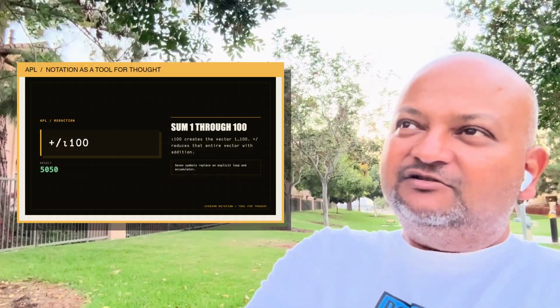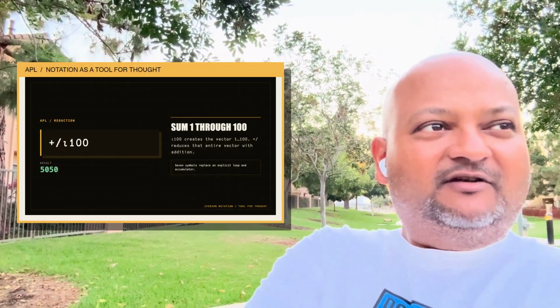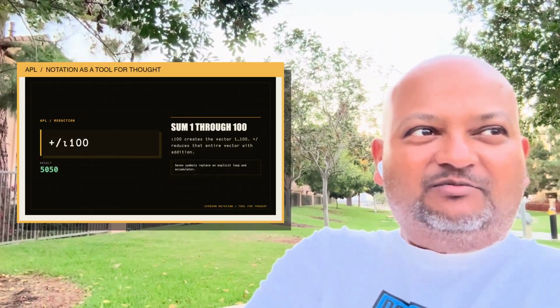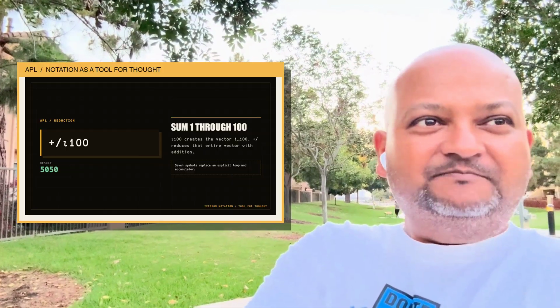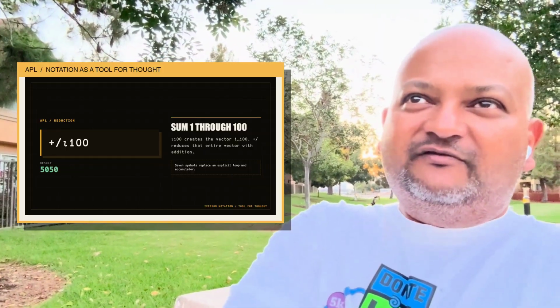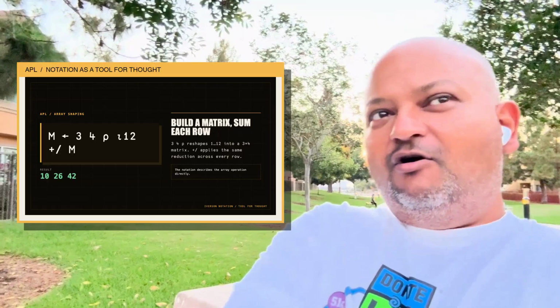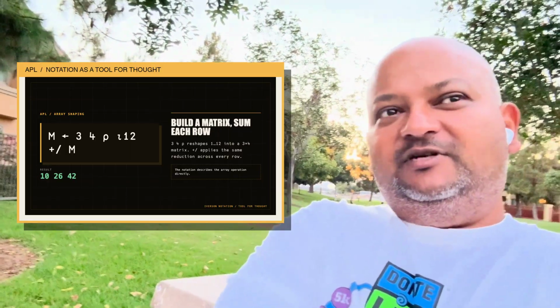Another thing I was very inspired by is Ken Iverson and APL. Ken Iverson was a Turing Award winner, most known for this programming language called APL. You should check it out if you haven't seen it. It's this really dense programming language meant for mathematical operations, especially matrix operations. And you can express in one line of APL what would otherwise take maybe a few hundred lines of code in any other regular programming language.